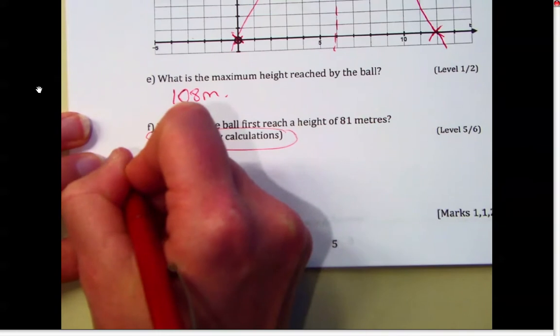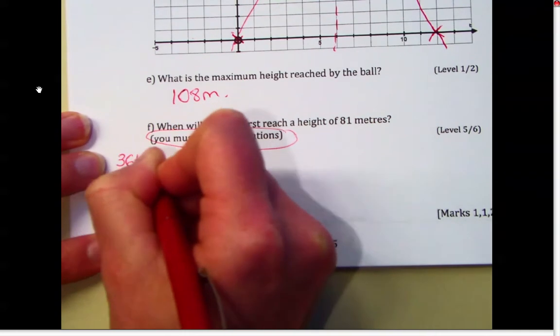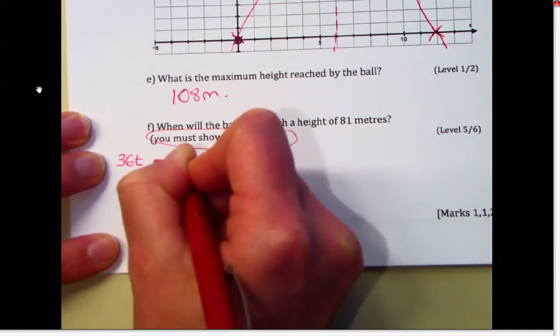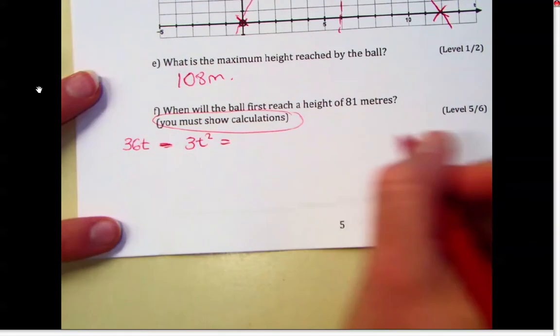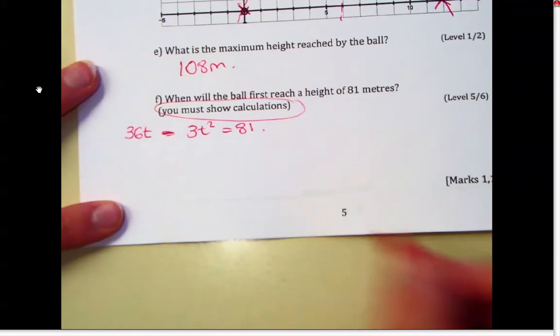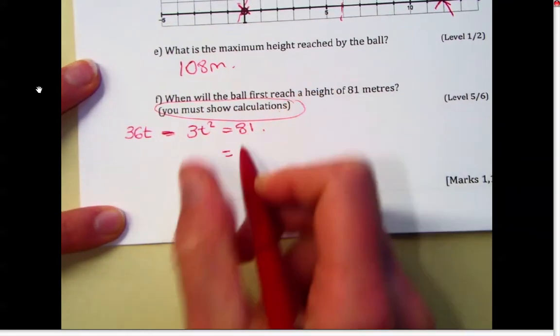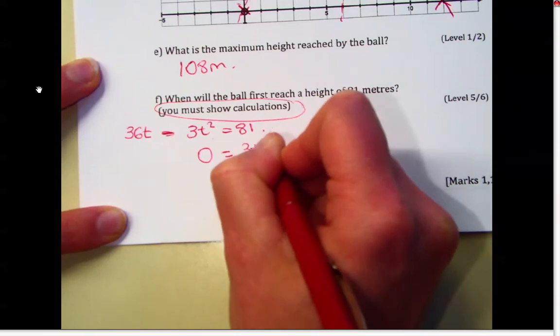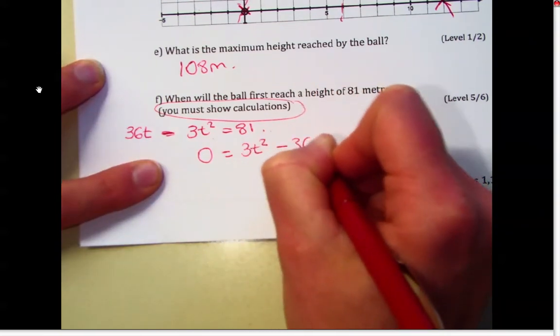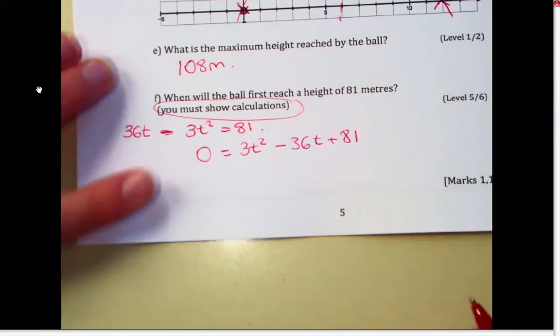So this is the formula for the height of the ball. And the question is, when is this going to be equal to 81? So quadratic equation, I'm going to move everything to the right-hand side. So 3t squared minus 36t plus 81.